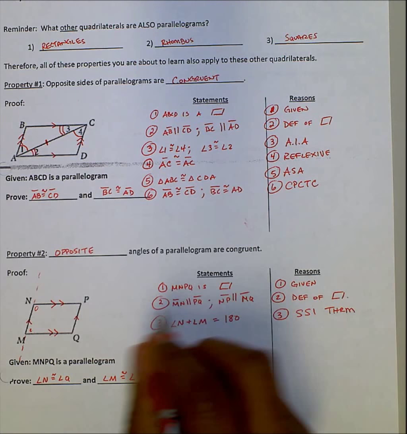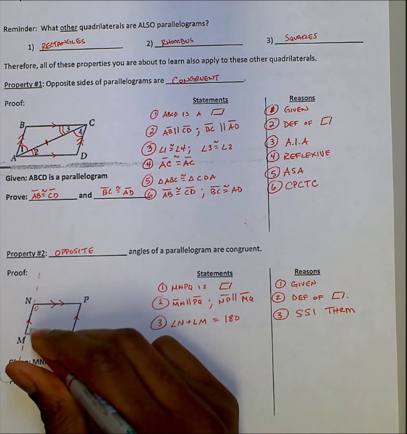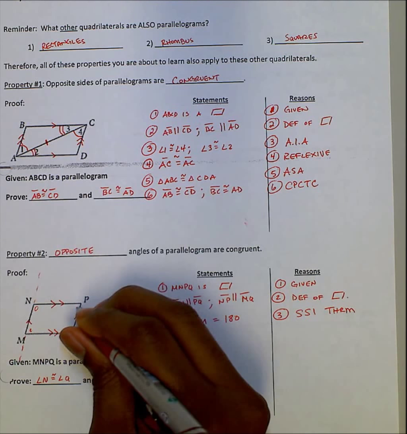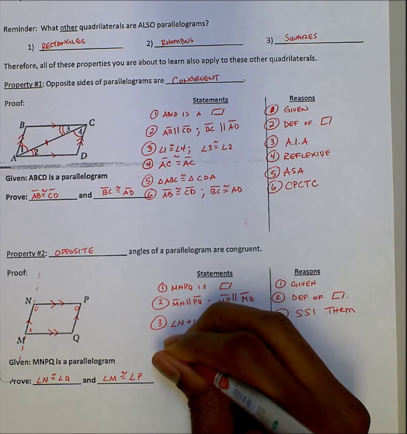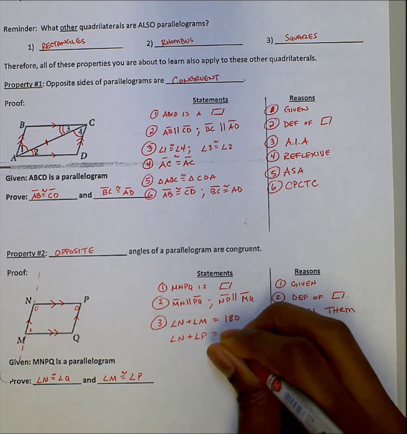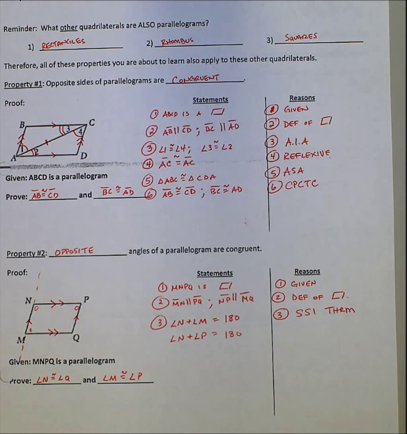By the same logic, since NM is parallel to PQ, angle N and angle P are same side interior angles. So I can actually say that angle N plus angle P equals 180 degrees. Okay, by the same logic. So I'm just going to include that in the step.